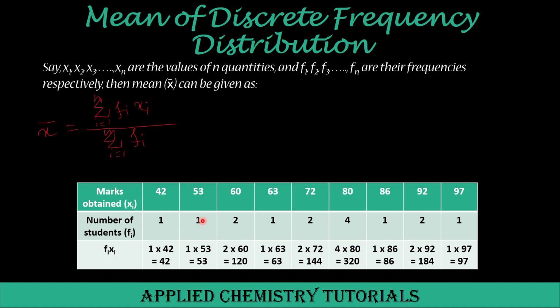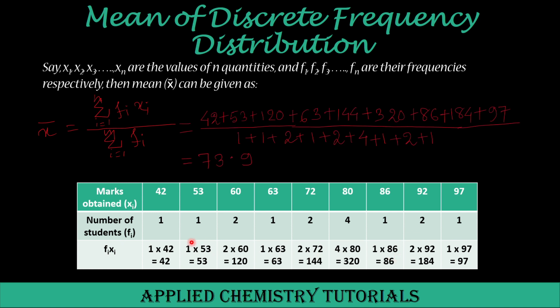Similarly, for this column we have 1 multiplied by 53 equals 53, and for the next, two students got 60, so 2 multiplied by 60 is 120, and so on. Now we can add all the fi xi terms in the numerator, and also add all the fi terms in the denominator. From calculation, this equals 73.9. So we can say the mean is 73.9.